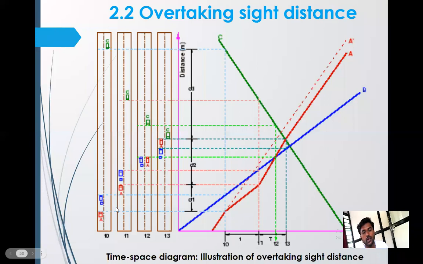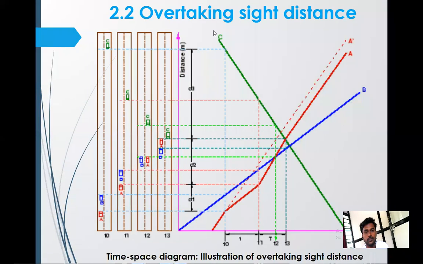See the red line in this figure: the red line indicates vehicle A. Then vehicle B is indicated by the blue line.